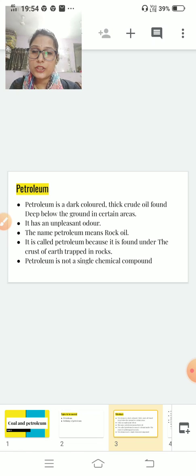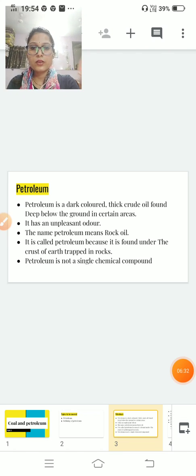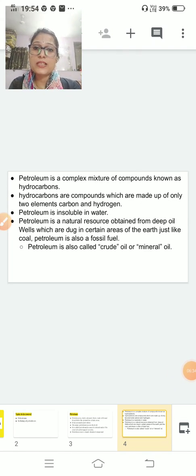It is called petroleum because it is found under the crust of the earth, trapped in rocks, covered with different types of rocks. Petroleum is not a single compound. It is made up of many compounds. Clear? So, petroleum is a complex mixture.